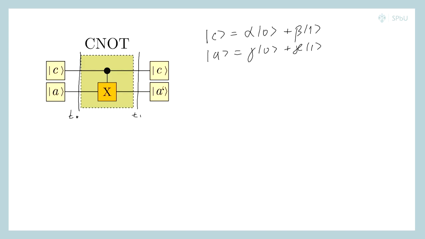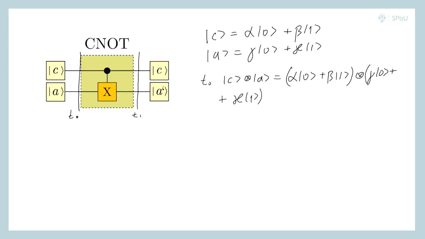At the moment t0, we could describe the two-qubit state as the tensor product of qubit C and qubit A. It equals alpha 0 plus beta 1 multiplied by gamma 0 plus kappa 1.